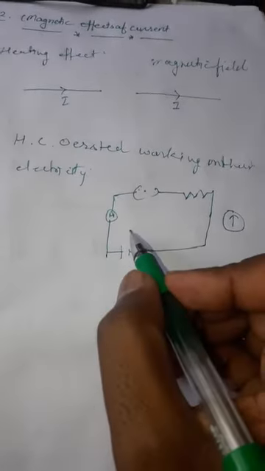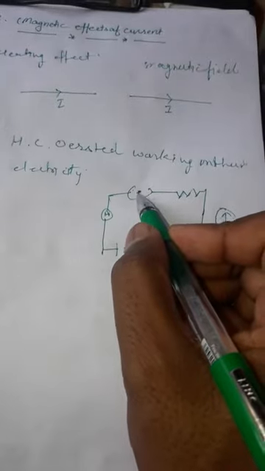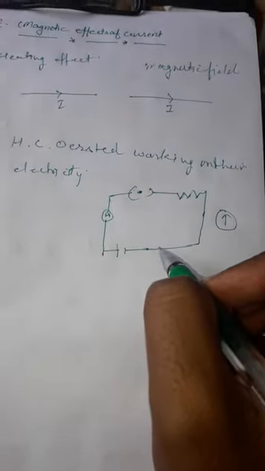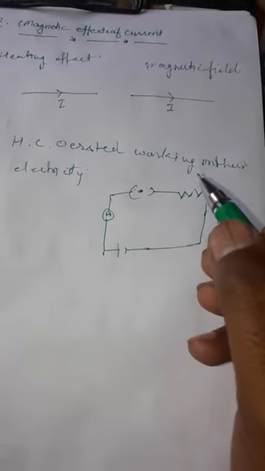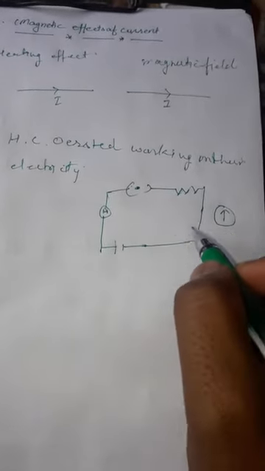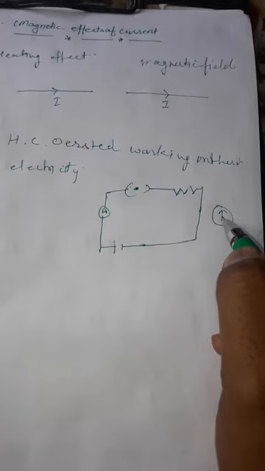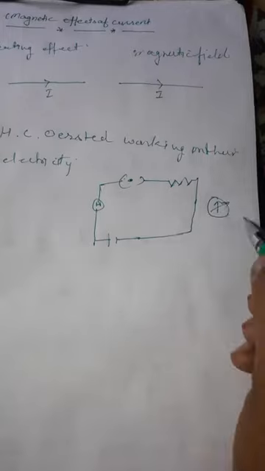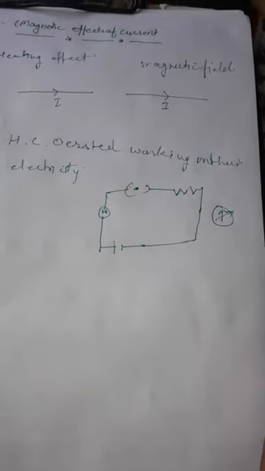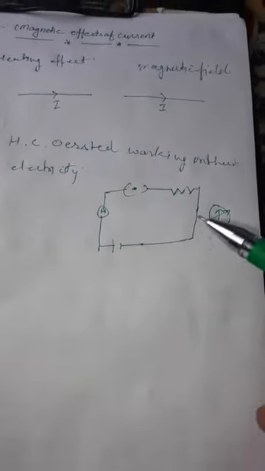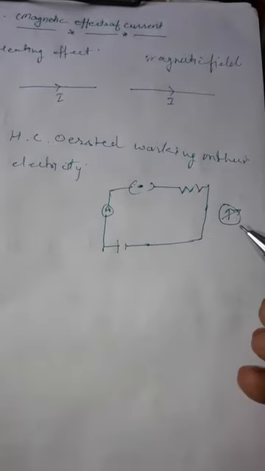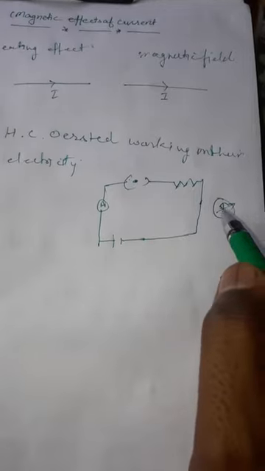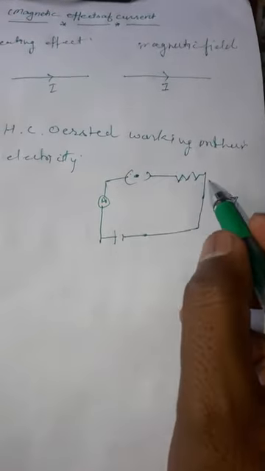When Oersted switched on the supply, electric current passed through the device. He realized that when current is flowing through the wire, the needle of the compass deflects from its position to some other direction like this. Oersted demonstrated this phenomenon a large number of times, and he concluded that this deflection is due to the flow of current through the wire.